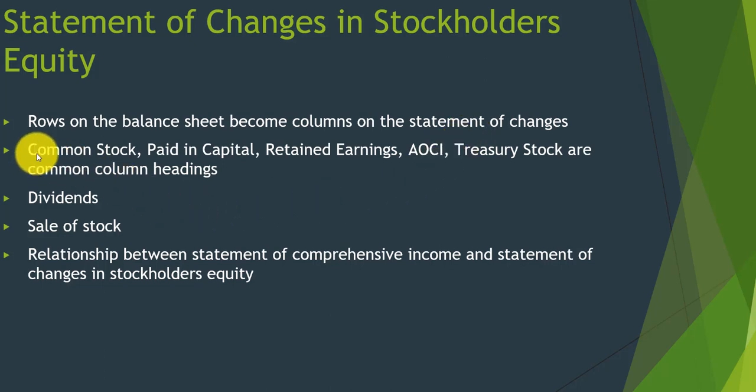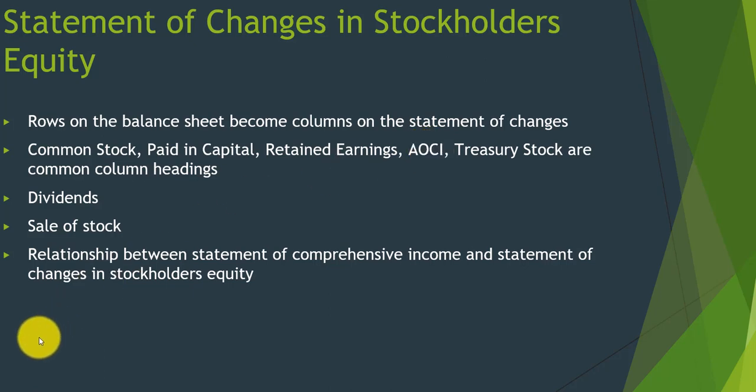Some common ones that you'll run across, you usually have columns named common stock, paid in capital, retained earnings, accumulated other comprehensive income, and treasury stock. The things that change stockholders' equity are dividends, the sale of stock, and then of course anything that changes comprehensive income or other comprehensive income is also listed.